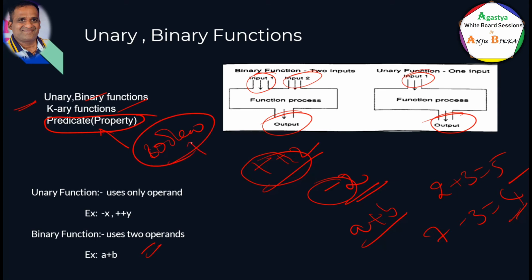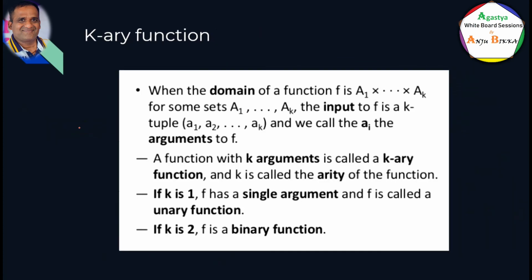Here the codomain is Boolean. So when we have f from D mapping to a Boolean, meaning either true or false, that is called a predicate or a property.